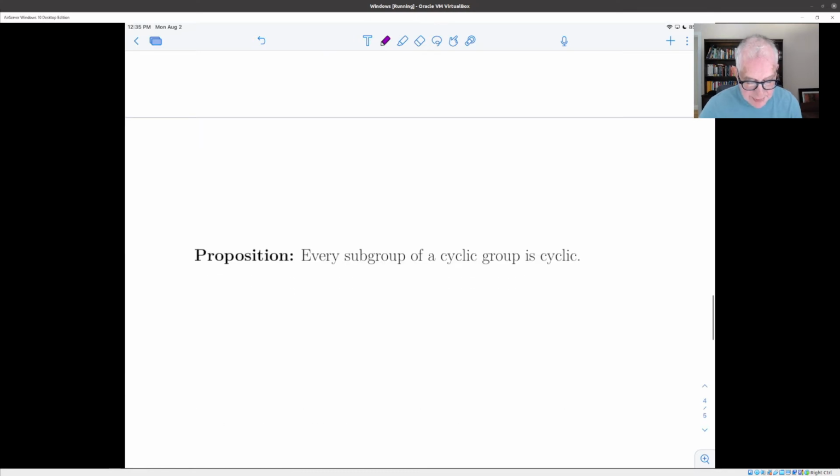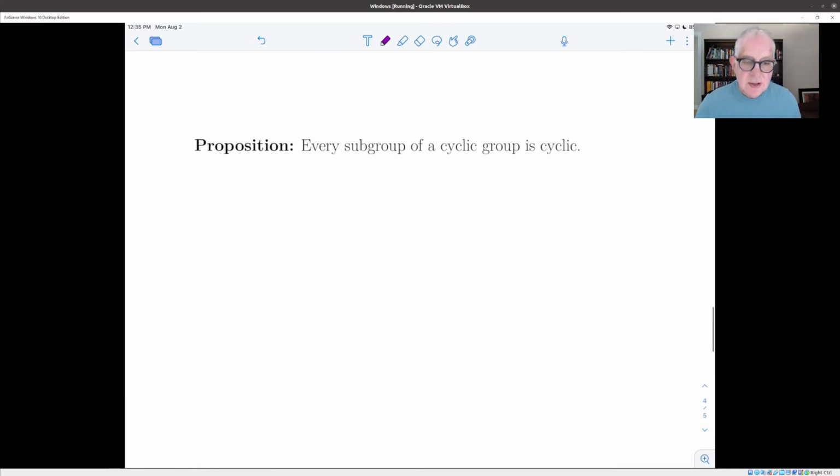And now finally we come to our first real result, which is the fact that every subgroup of a cyclic group is cyclic. And to prove this, we're going to make use of what's called the well-ordering principle.